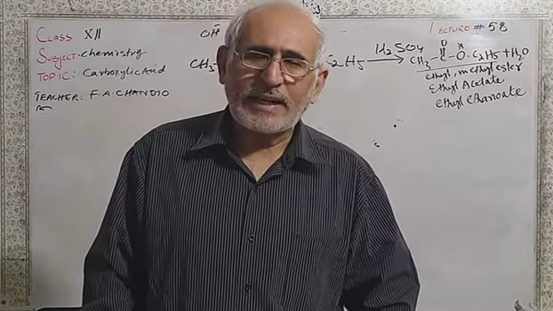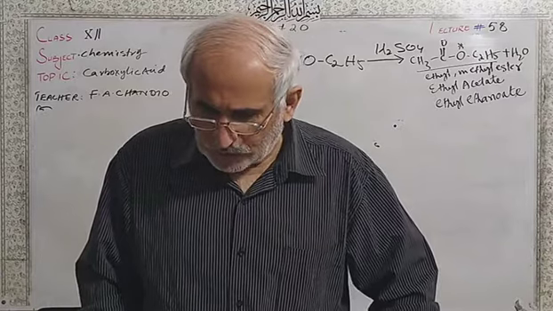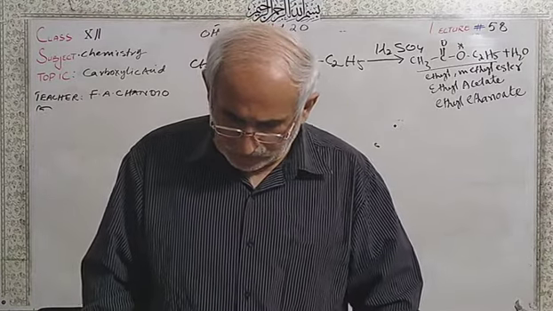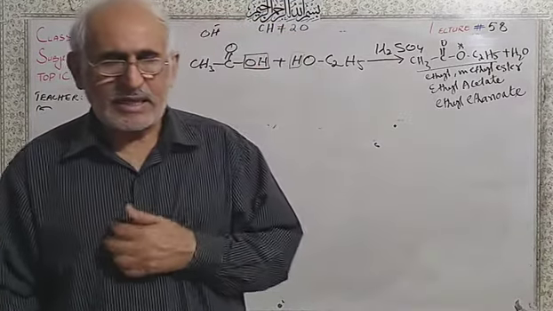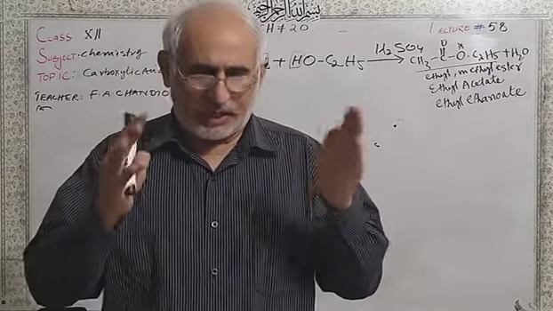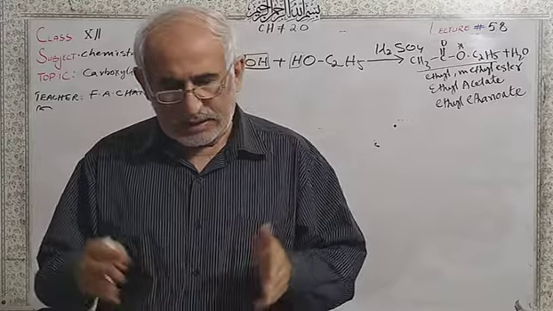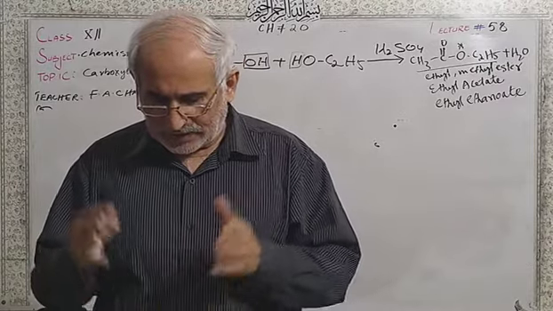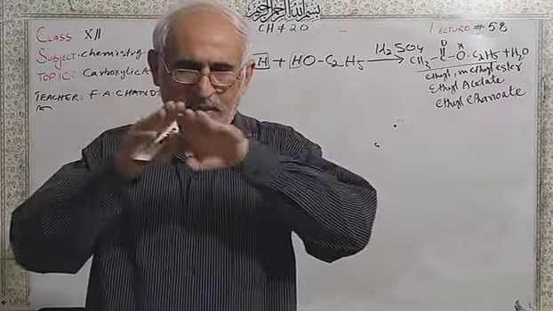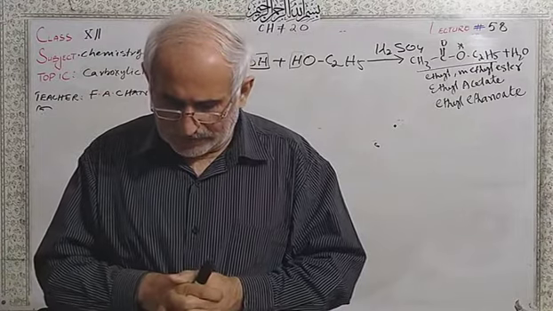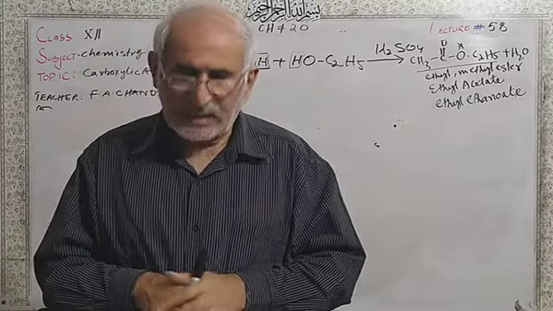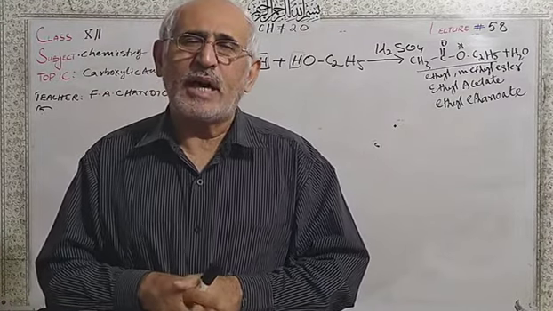If you see the reactivity order on page number 243, acyl chlorides are the most reactive. The reactivity decreases, then anhydride, then ester and carboxylic acid with the same reactivity, then amides, and the last is the carboxylate ion.